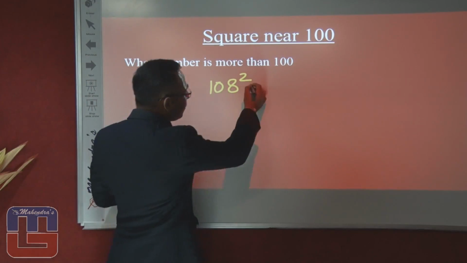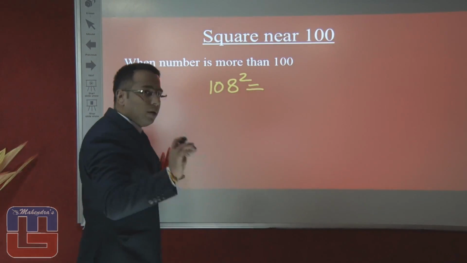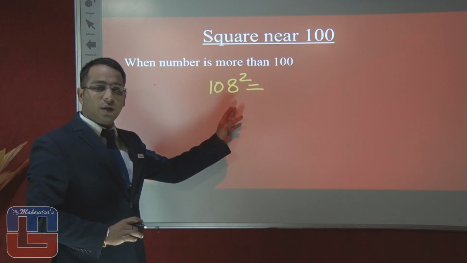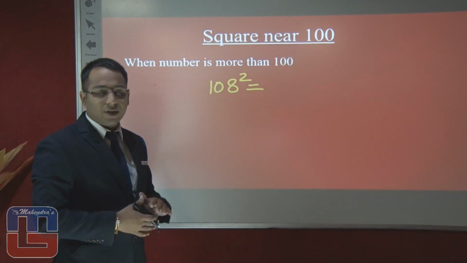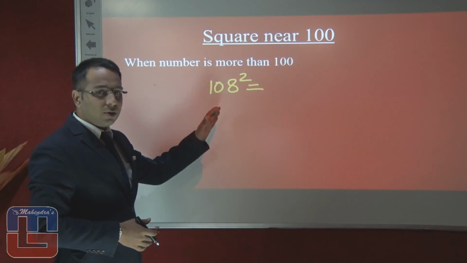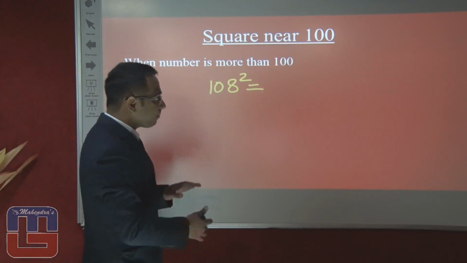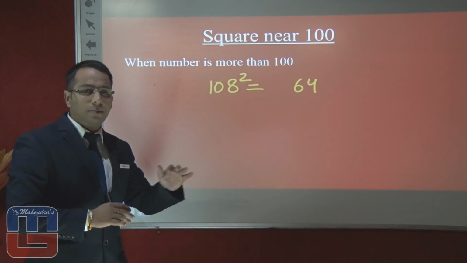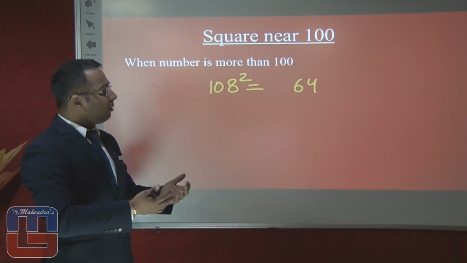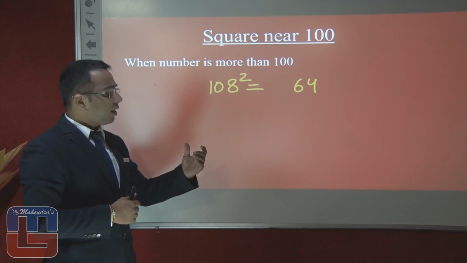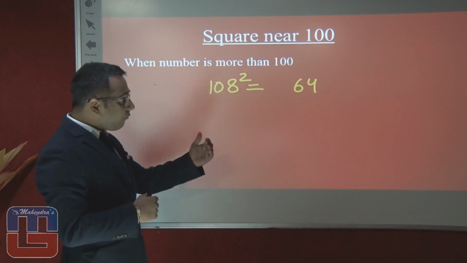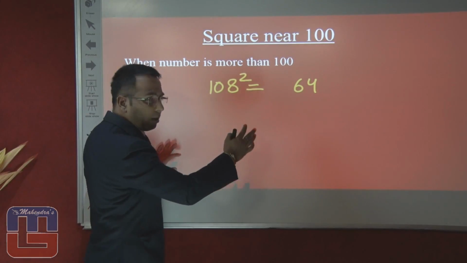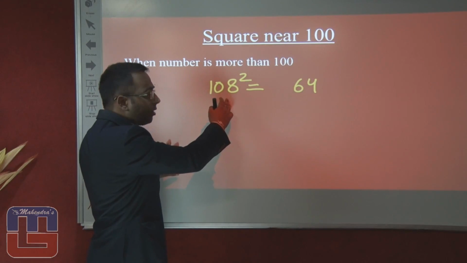Remember this: the last two digits will be found by the square of the number by which it is greater than 100. Here it is 8, so the square of 8 is 64, so the last two digits will be 64. The front part of the number is formed by adding the number by which it is greater than 100 to the number.